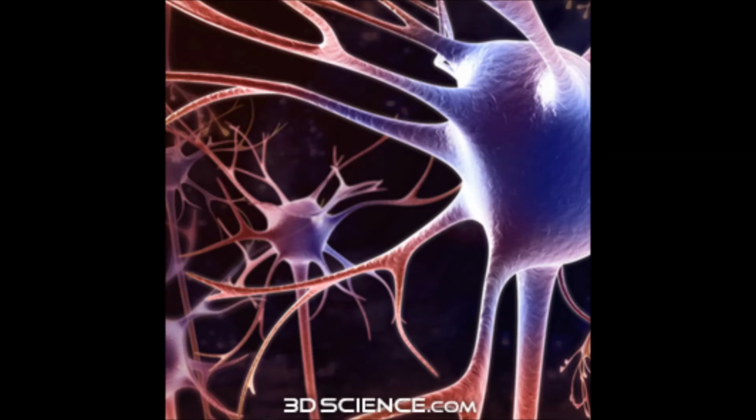So the number of way stations between the sensory organ and the thalamus and the cortex is much larger for audition than for somatosensation or vision. Okay, there are many more relay stations on the way up to the thalamus and the cortex.